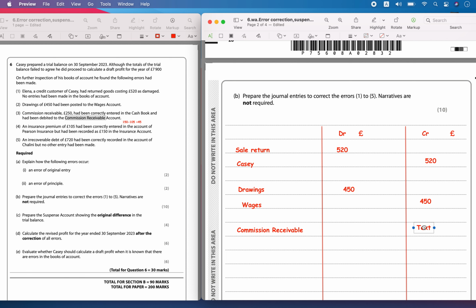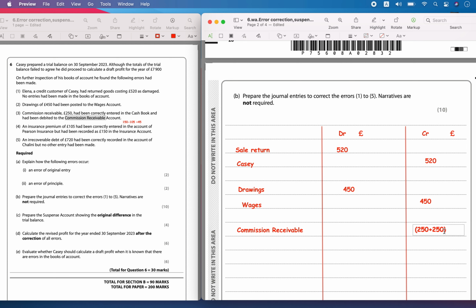It had been debited, so it should have been entered on the credit side. So first you will remove this 250, and also you have to enter the correct amount. Your entry is going to be 250 plus 250, which is equal to 500, which needs to be entered on the credit side.